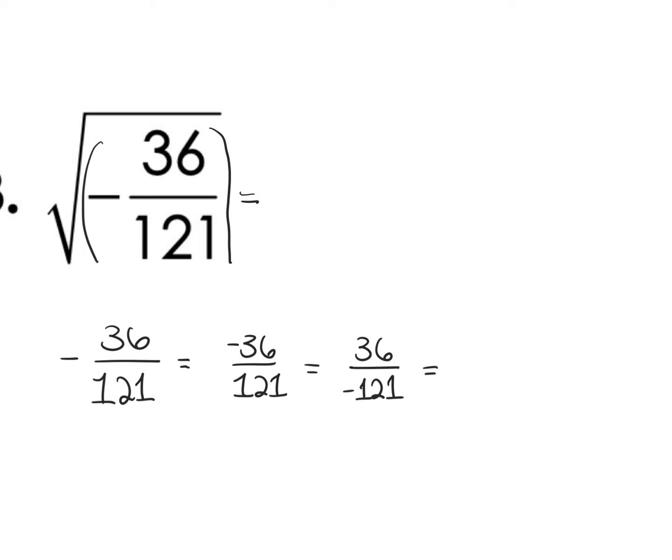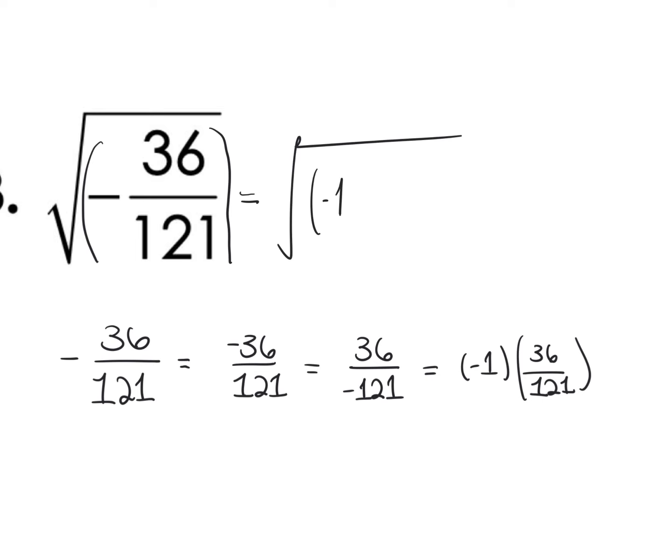And it's even the same thing as negative 1 times just 36 over 121. So I'm going to rewrite this as the square root of negative 1 times 36 over 121. And then I'm going to separate the radical as the square root of negative 1 times the square root of 36 over 121.